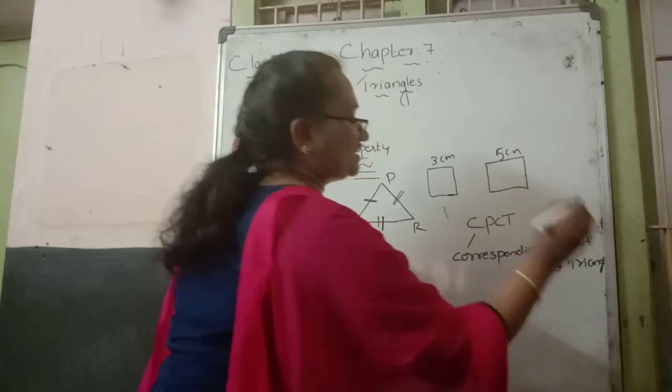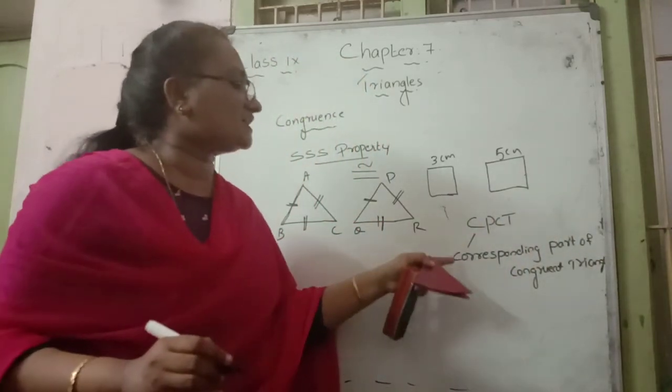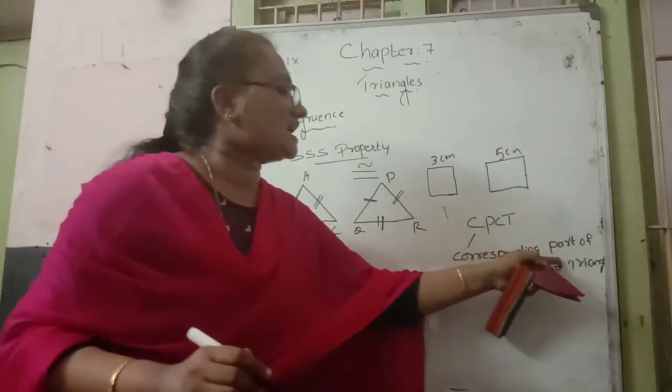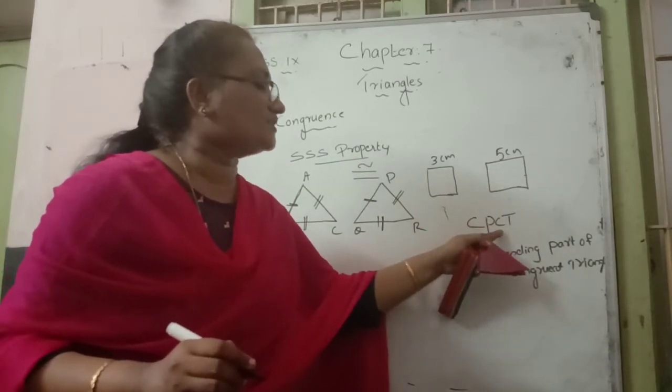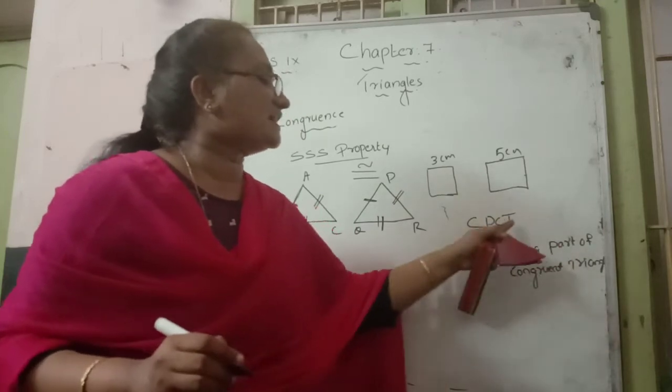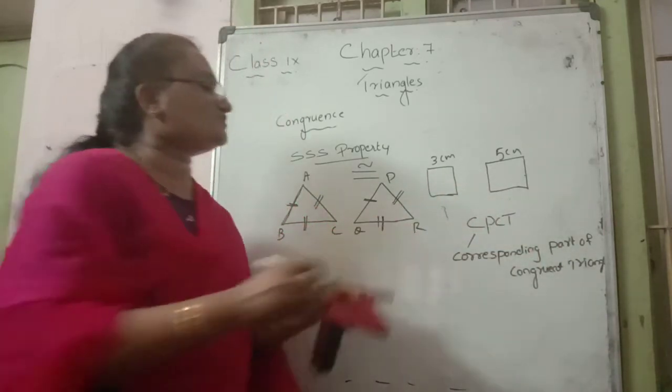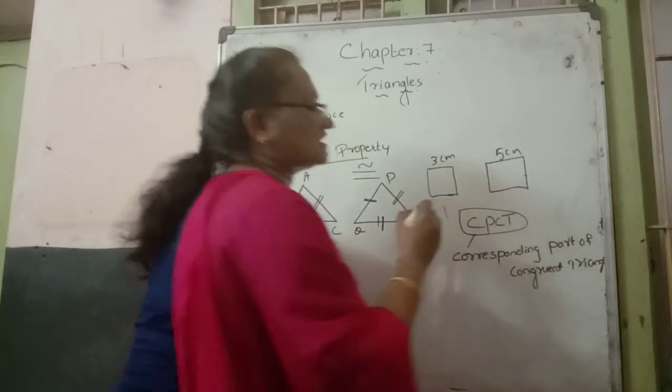The short form takes the first letter of each: corresponding is C, part is P, congruent is C, triangle is T. That's why the short form is CPCT.